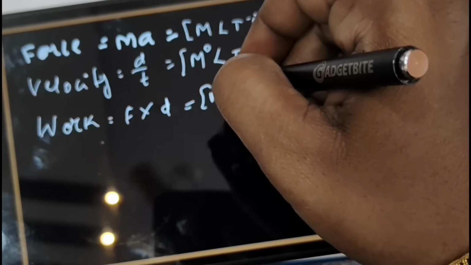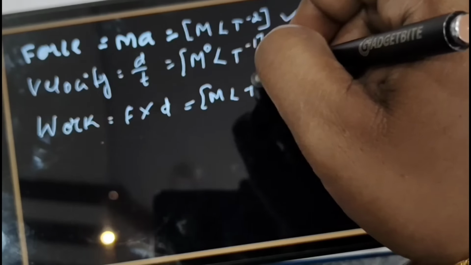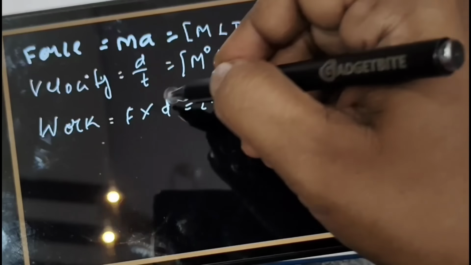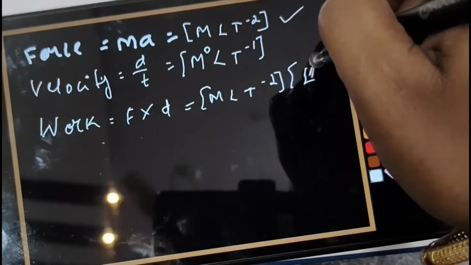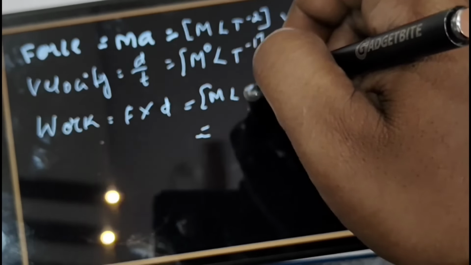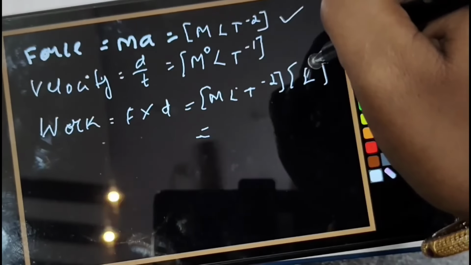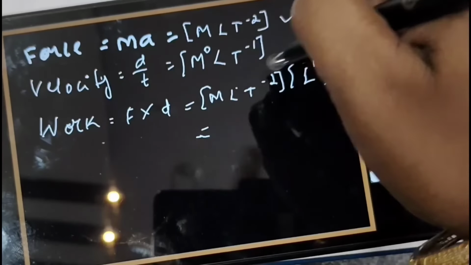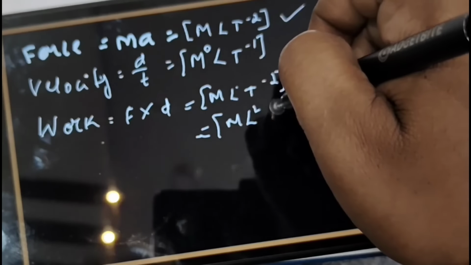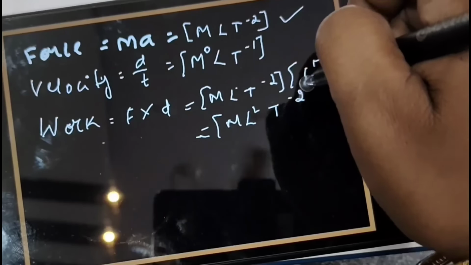So first I will write the force, M L T raised to minus 2, into displacement, which is L. So we'll combine these two now. L raised to 1, here is L raised to 1, so it will be 1 plus 1 is 2. So it is M L square T raised to minus 2.